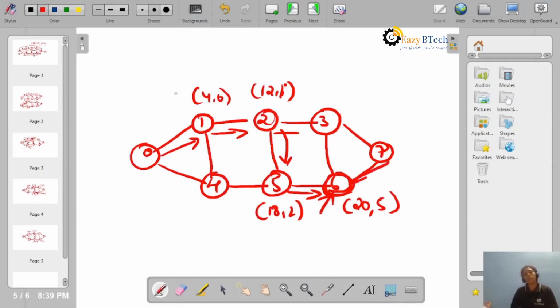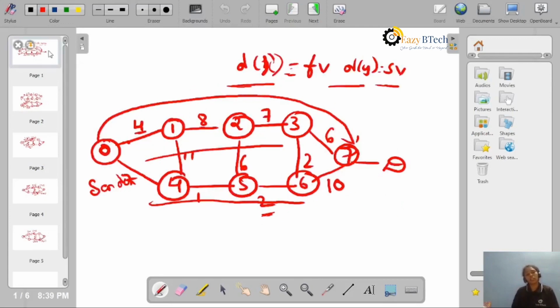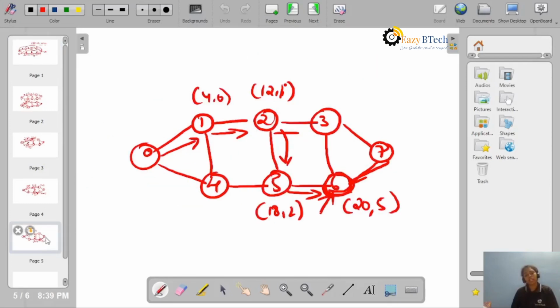See the cost 10. Write down 10. Add to the previous one: 30 comma 6. So this is the path we choose to send our data packets.